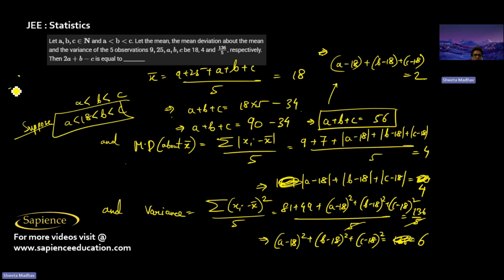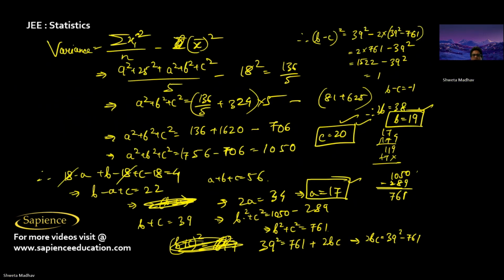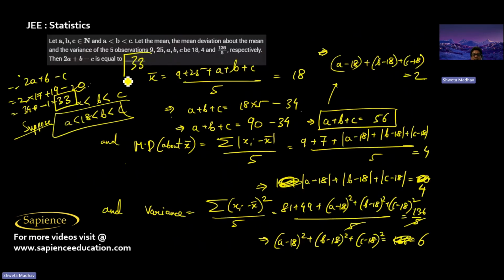Now we have to find out 2A plus B minus C. So this will be 2 into A, that is 17, plus B, that is 19, minus C, that is 20. So this will be 34 plus 19 minus 20, that is minus 1, so 34 minus 1, that is 33. So 33 is the answer.